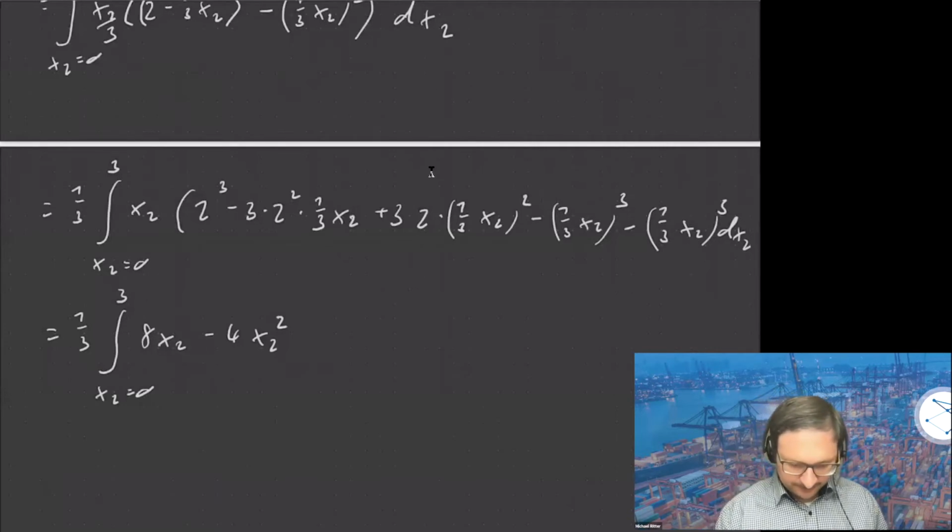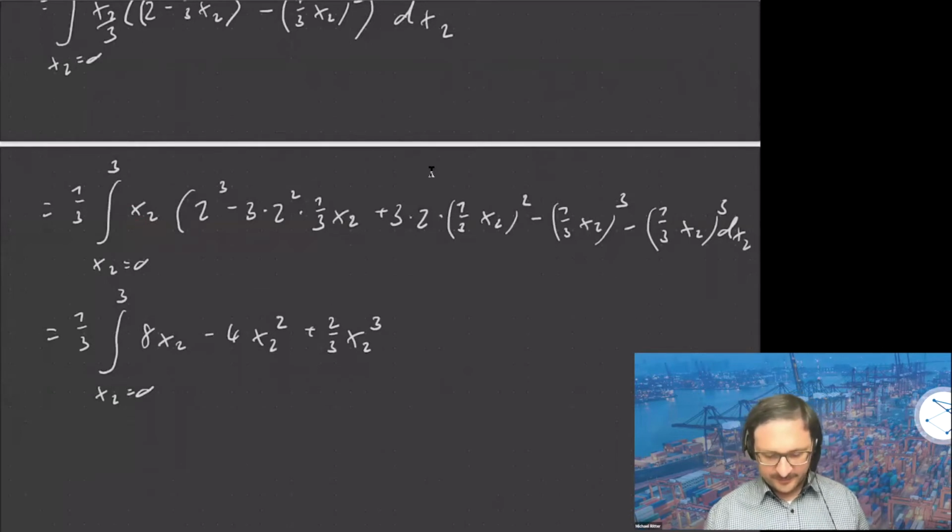Next one is this expression here. There's an x2 squared, and we don't have another x2 squared. So what we have here is, again, one of the 3's will cancel out. We have 2 times 1/3 times x2 squared. So that's 2/3 x2 squared times x2. Again, this outer one here, that's x2 to the 3rd. And finally, we get this expression here.